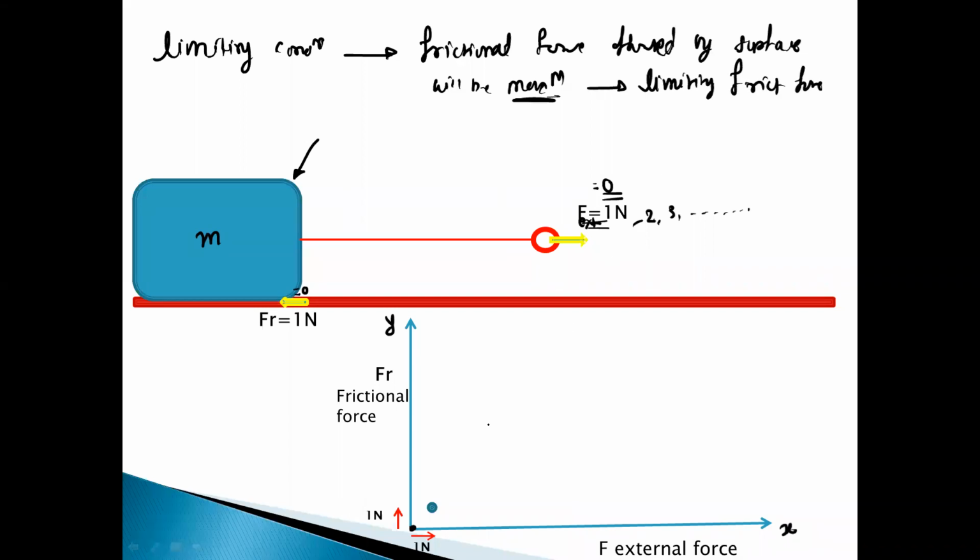So here you can see that condition on the graph. Just imagine from 0 Newton, we start increasing the external force. We apply 1 Newton force, 2 Newton, 3 Newton, and so on. You can see on the y-axis, the frictional force will increase in the same order.